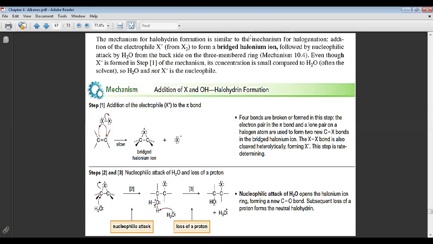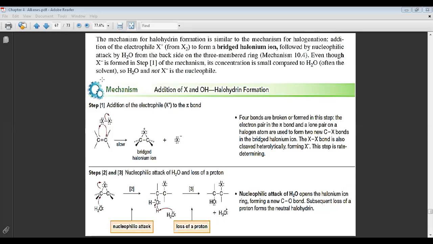Now look, he said the addition of the electrophile X from the halogen forms the cyclic halonium ion, followed by the nucleophilic attack by the H2O from the back side on the 3-membered ring. Okay, yes, the nucleophile will come from the back side as in the first mechanism.